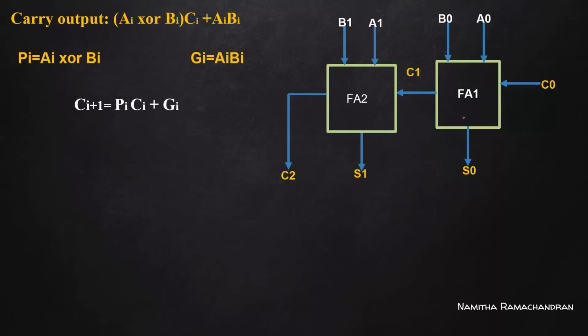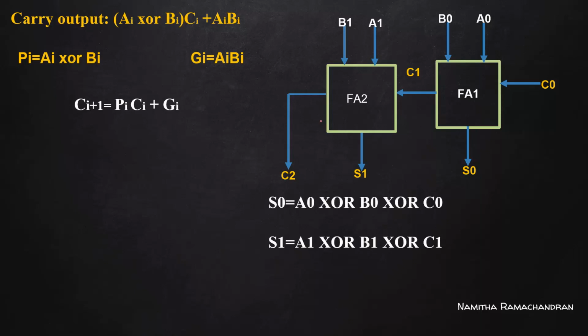Next, now we can generate expressions for C1 and C2 in terms of Pi and Gi. How to write? The sum S0 is A0 XOR B0 XOR C0, and S1 is A1 XOR B1 XOR C1.